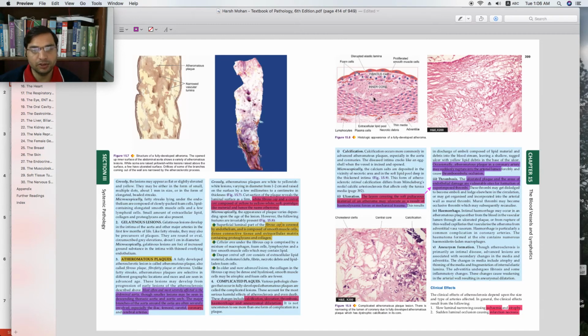Number 3 is thrombosis. So thrombosis, when this ulcerated or ruptured plaque, the ruptured atheroma, develops thrombosis. When this fibrous cap and the endothelium is gone, then the platelets come and start depositing over this plaque, over this inner core. They start attaching, platelets. That is called platelet adhesion, the first step.